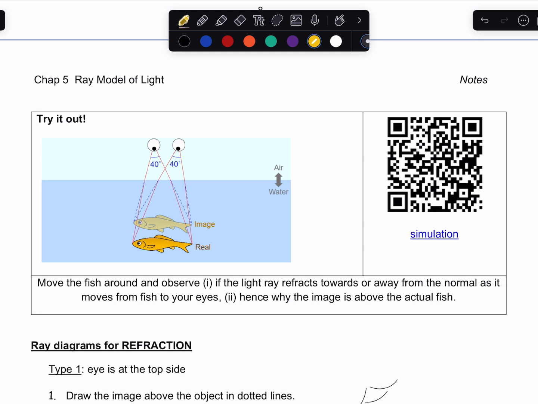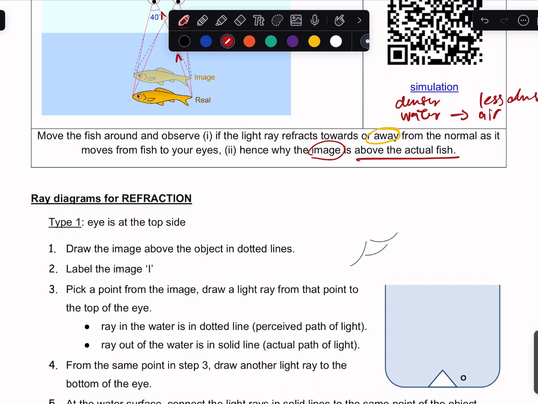The light ray actually is refracting away from the normal as it's traveling from water to air. Away, because it is water to air, and this is denser to less dense. That's the reason why the image appears above the actual fish.